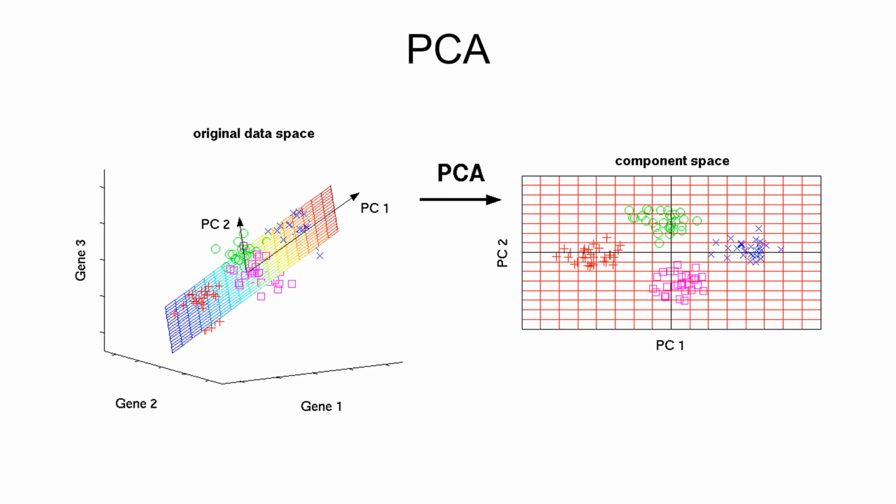Computing the eigenvectors and ordering them by their eigenvalues in descending order allows us to find the principal components in order of significance.